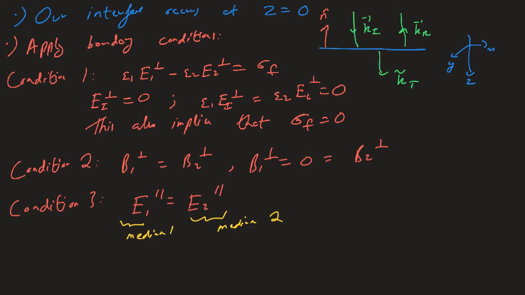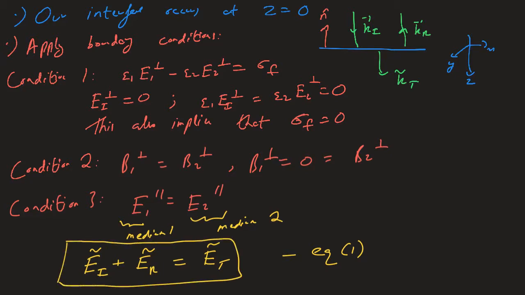So we can basically express this as E incident tilde plus E reflected tilde is equal to E transmitted tilde. Okay, and we will call this equation 1 because boundary condition 3 has finally given us one equation that will be useful to us. Okay, now let's apply condition 4.